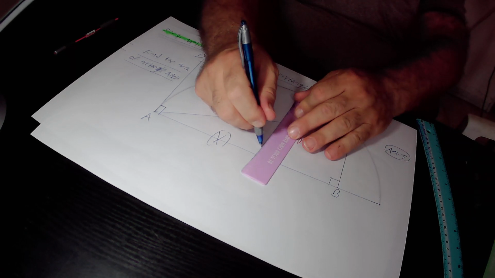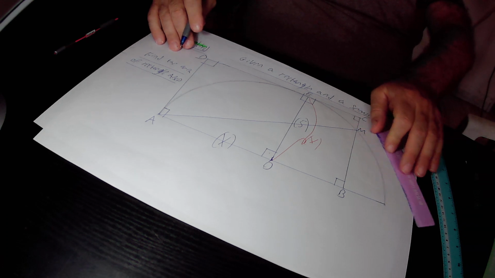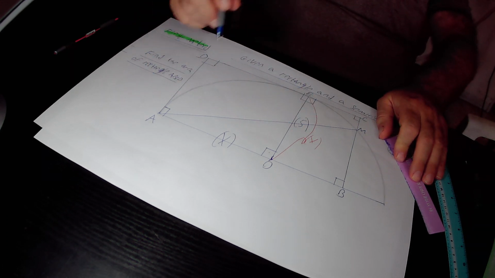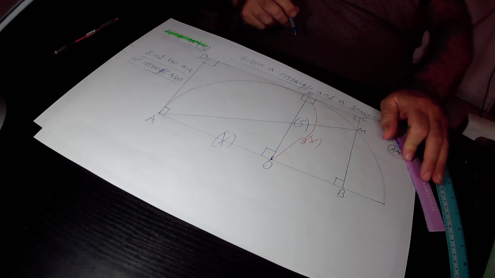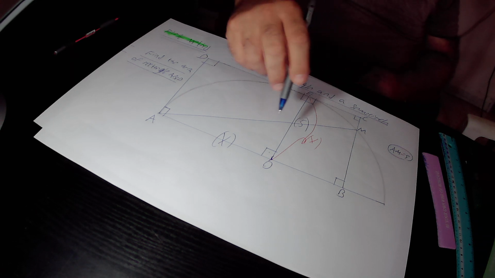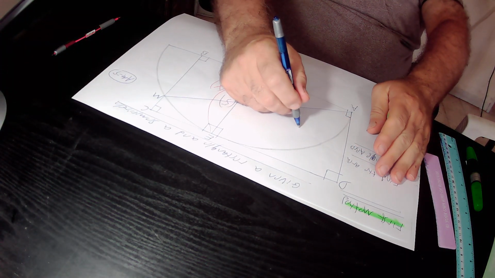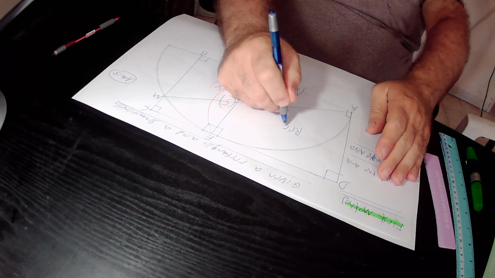So inside quadrilateral DEOA, we have 4 right angles, and according to rule 5, any quadrilateral that has four right angles must be a rectangle, not a square. So quadrilateral DEOA is a rectangle according to rule 5.